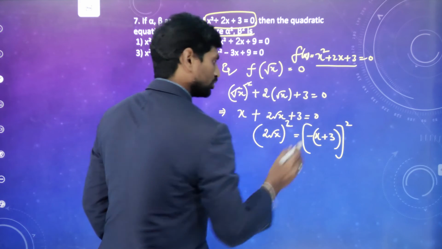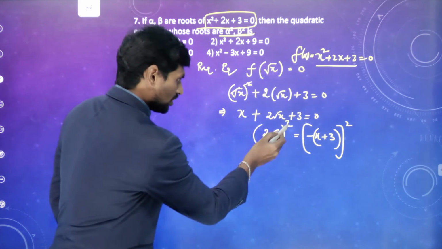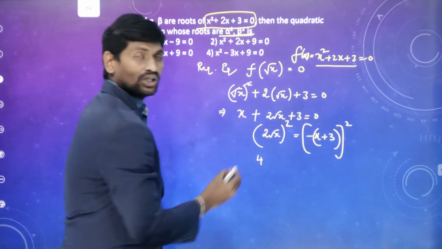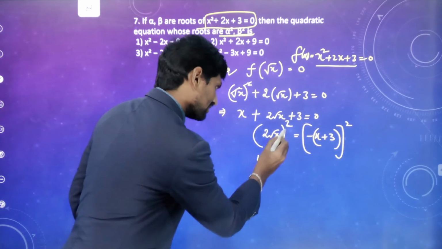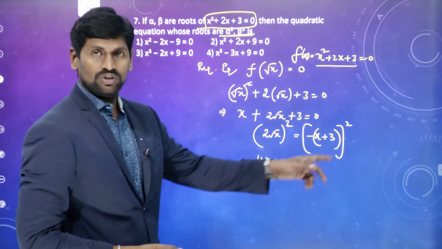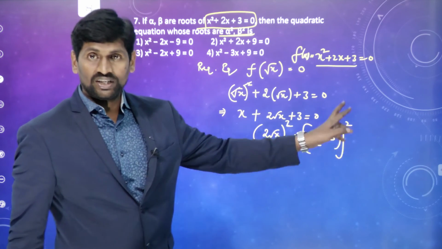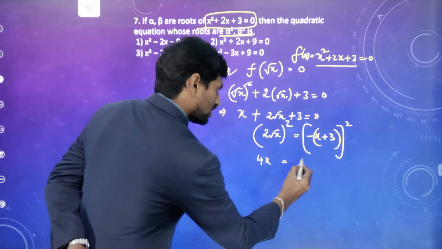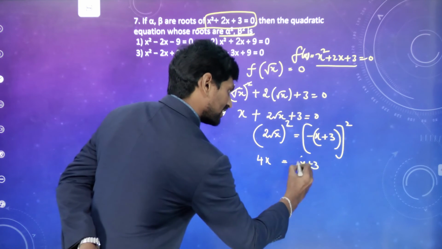Squaring on both sides. Square of 2 is 4. Square root of x whole square is x. Minus becomes plus in a square. I told you when the exponent is an even number, the negative value becomes positive. Now it is simply x plus 3 whole square.